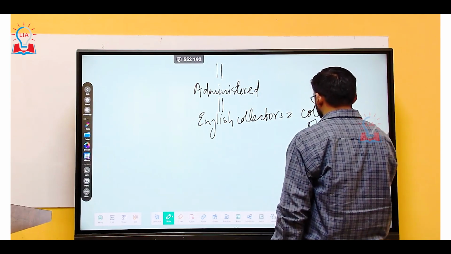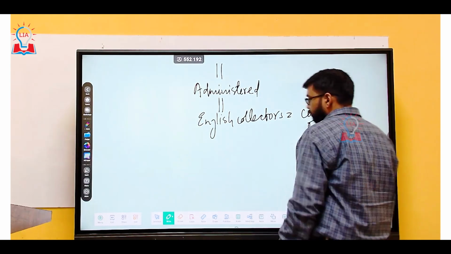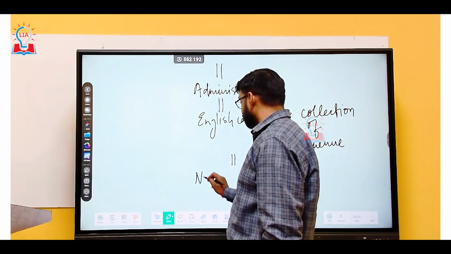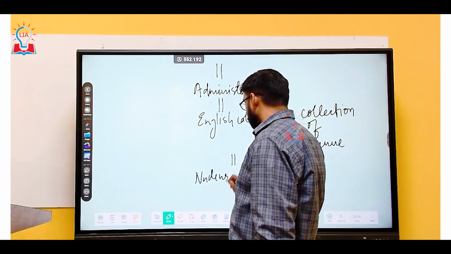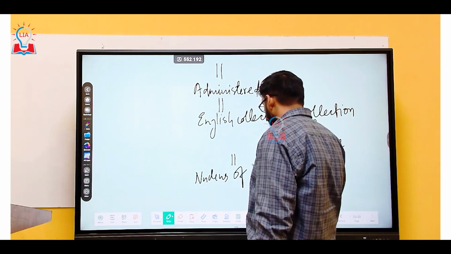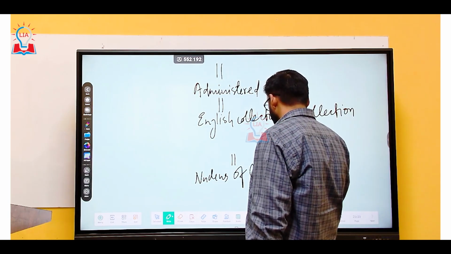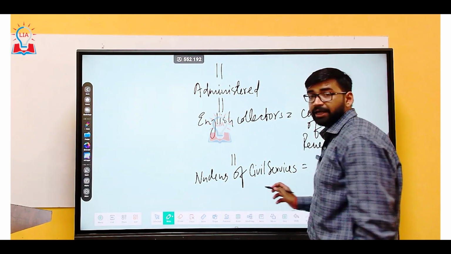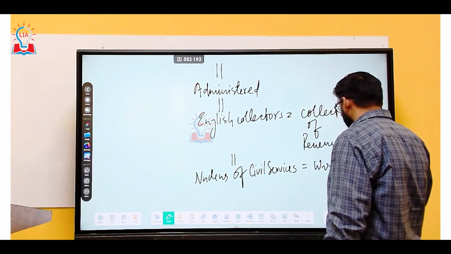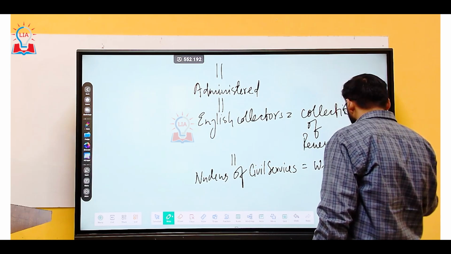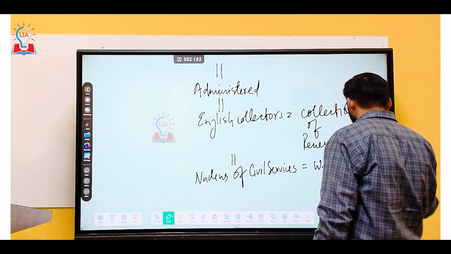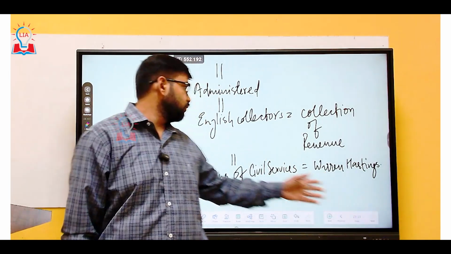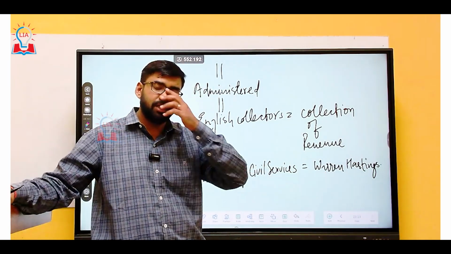That means the nucleus of civil services was laid down by Warren Hastings. Getting my point?